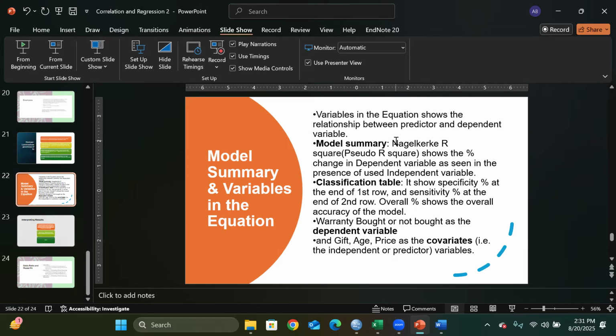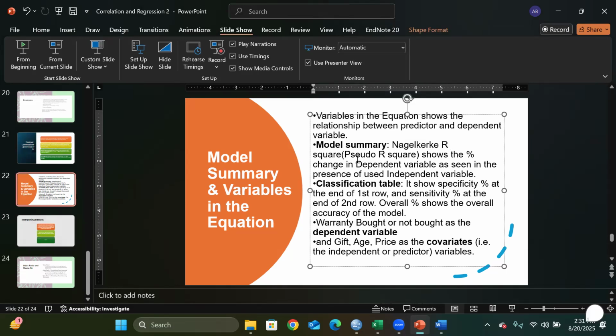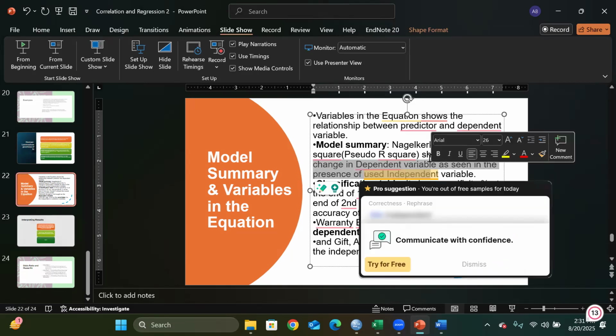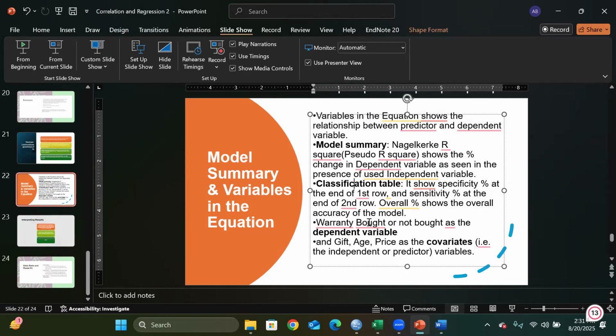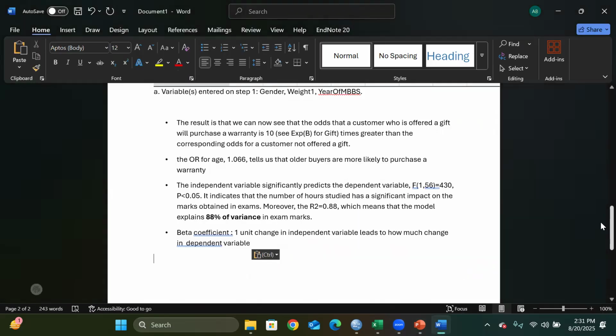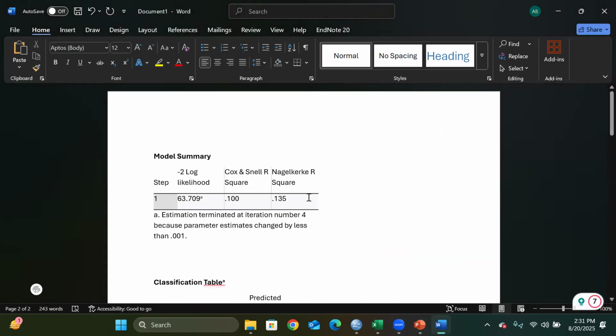Okay. So once again, this R square value is the same as the one we discussed beforehand in linear regression. That is the percentage variance the independent variable is causing in the dependent variable. In the classification table, we have other things. So let me open up that. These were our tables. This is the Nagelkerke R square value.